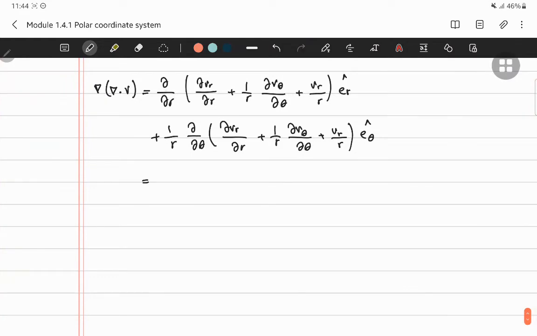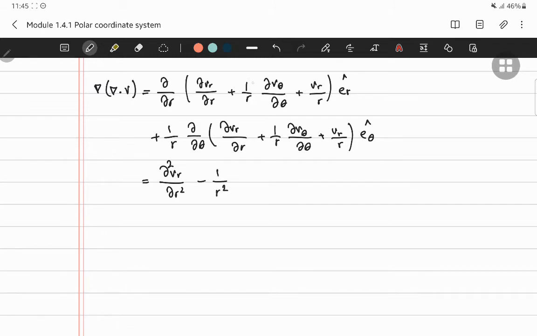Okay, let us simplify this. So we have the partial derivative of this. It gives the second partial derivative of v_r with respect to r squared. And here we have this whole expression. We have to take the derivative of this red one with respect to r, right? So this is minus 1 divided by r squared times this part.